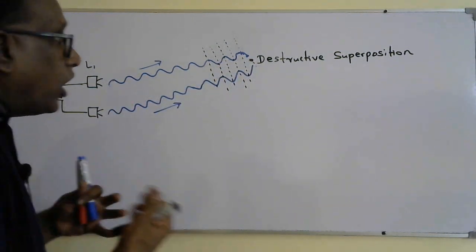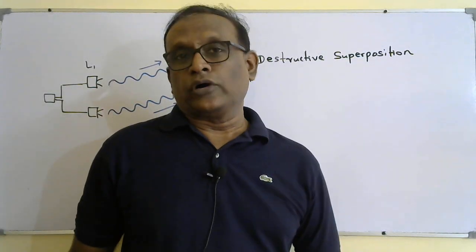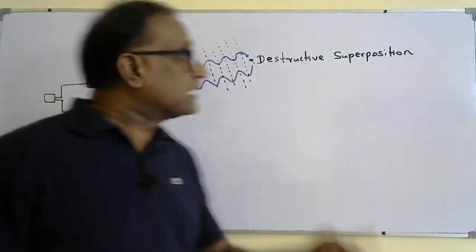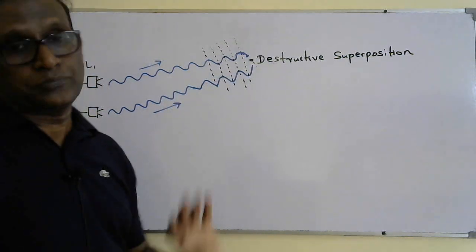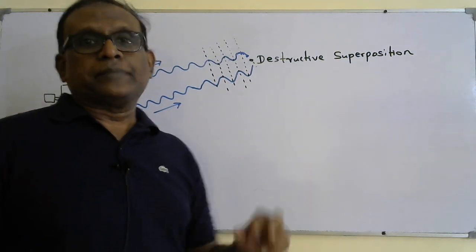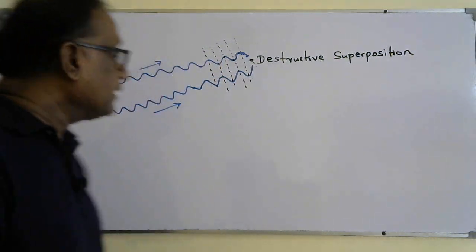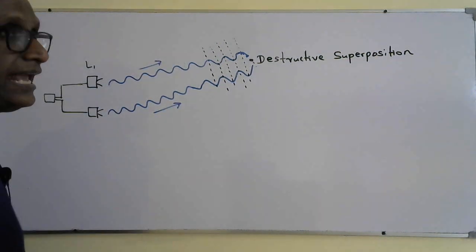Like that, crest and trough will always meet at that point. That forms a destructive superposition at this point, so the pattern will always be stable. That happens only when both waves have the same frequency.